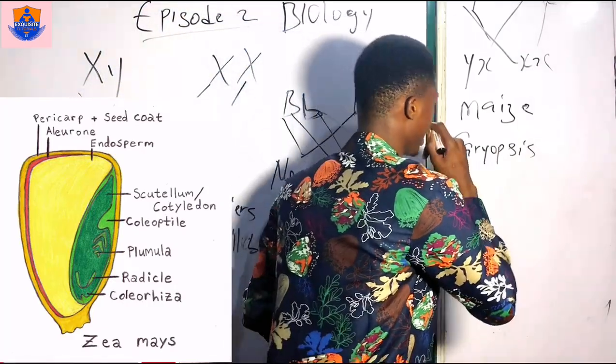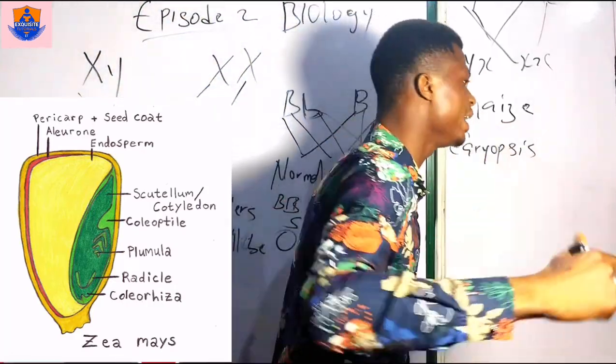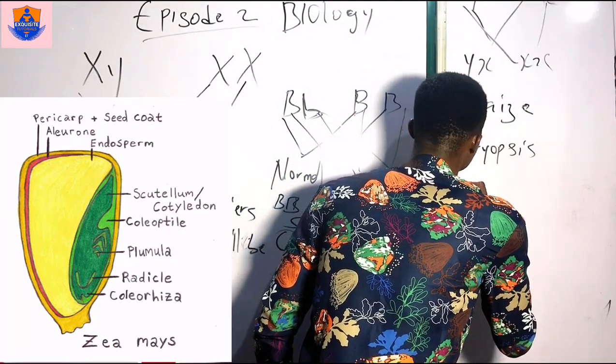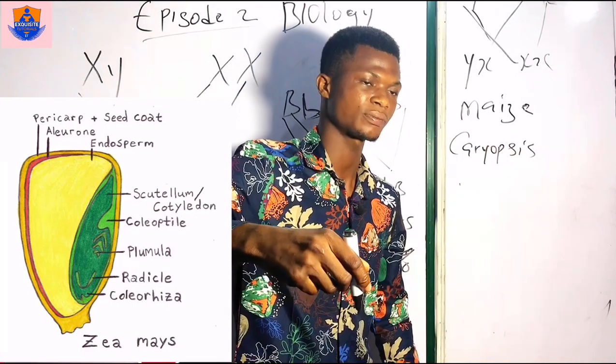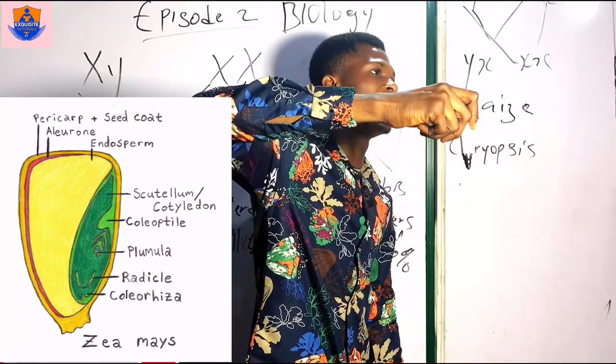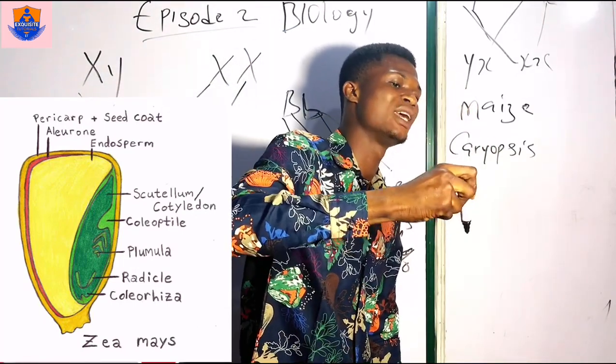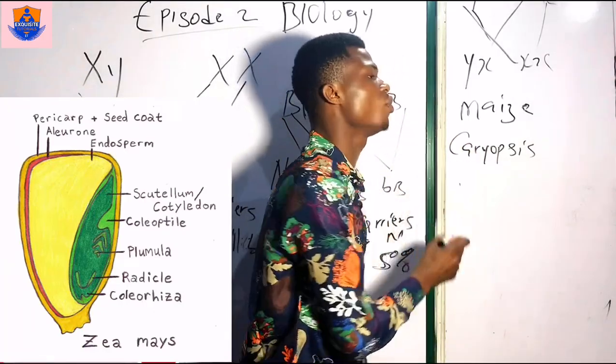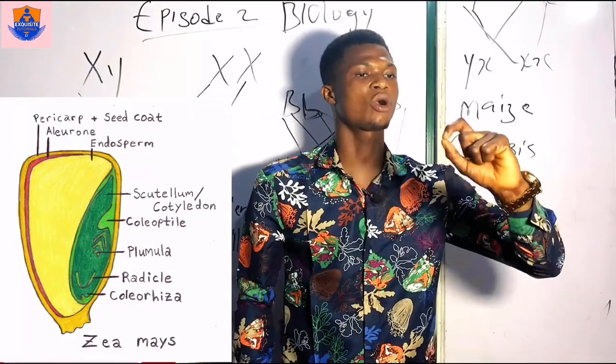Now, how do I explain this? The maize is actually a fruit that has the ovule attached to it. That is the reason why we call them grains.